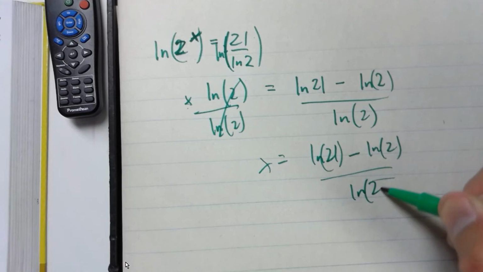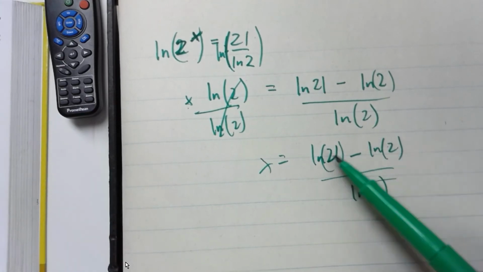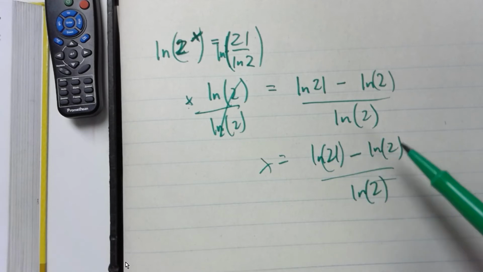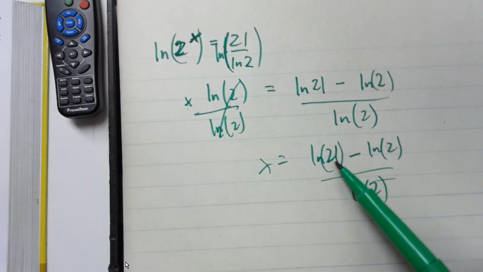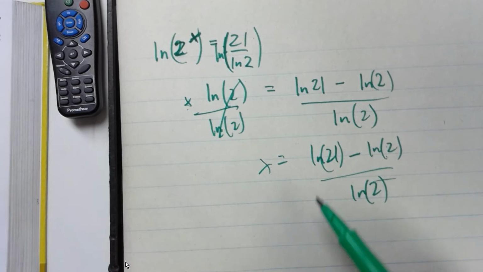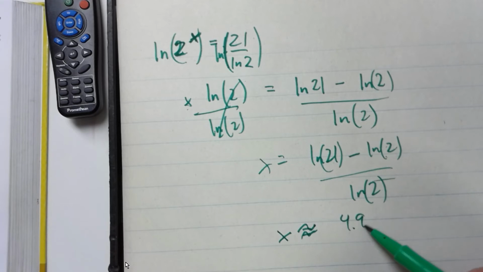I guarantee if you plug any of these numbers or expressions into your calculator, you should get an answer. These are actual constant numbers, not variables. At the very end, you should get approximately 4.921. So that's the x value, but remember, I did ask for a point.